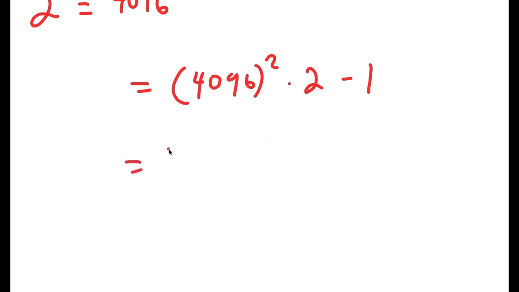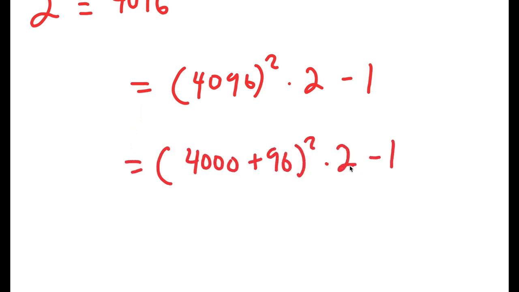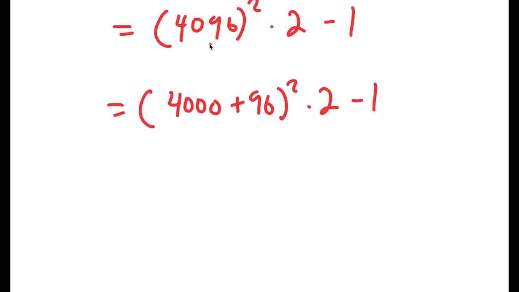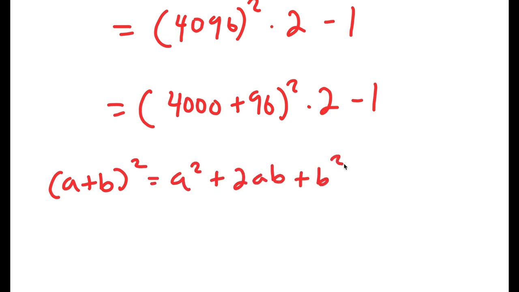Now this is equal to, I'm going to simplify this, 4,000 plus 96 squared times 2 minus 1. The reason I'm doing this is because 4096 squared is really hard to calculate by itself. So if we change it to 4000 plus 96 squared, I can use the property a plus b squared is equal to a squared plus 2ab plus b squared.